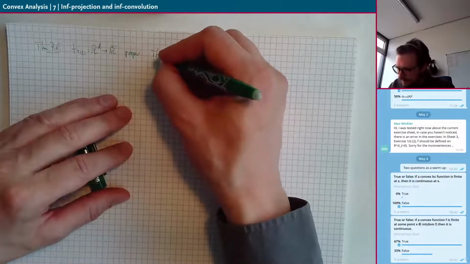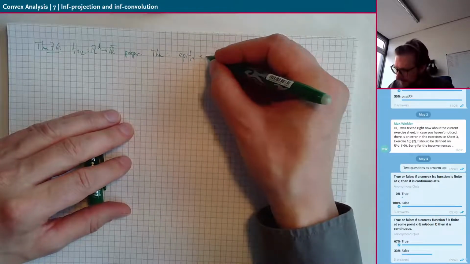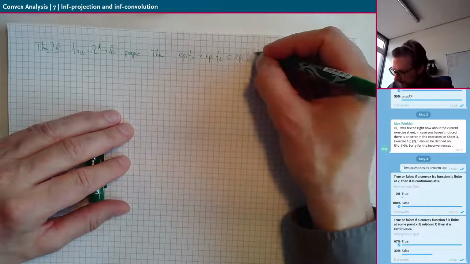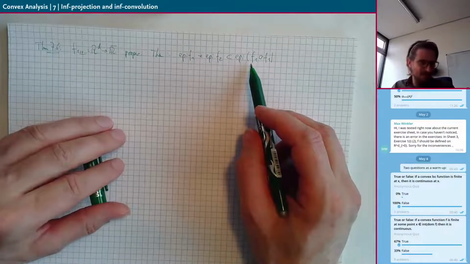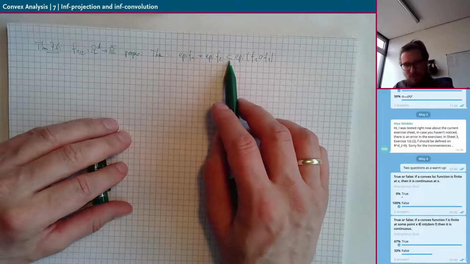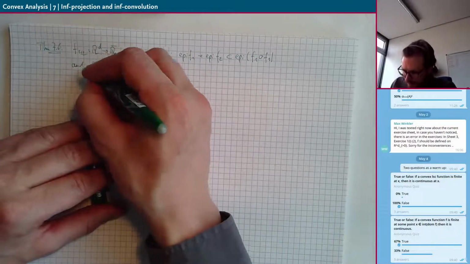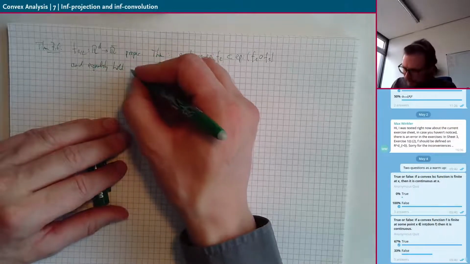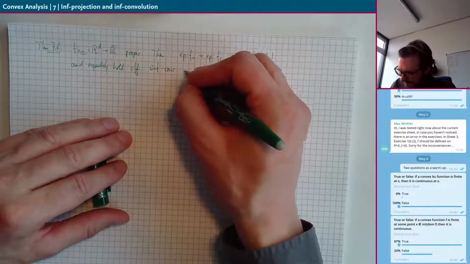And then we have the following inclusion: the epigraph of f1 plus the epigraph of f2 is contained in the epigraph of the inf-convolution. And this also explains the name epigraph addition. Not fully epigraph addition, you would like to have an equality here, and that's not true in general, but equality holds if and only if the inf-convolution is exact.